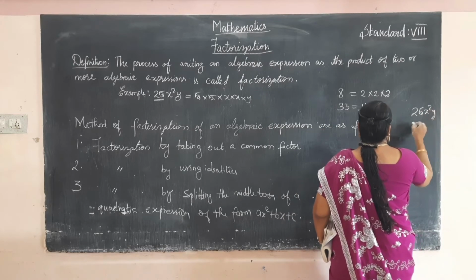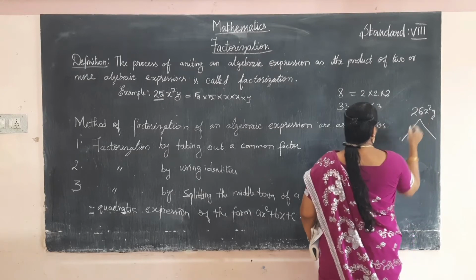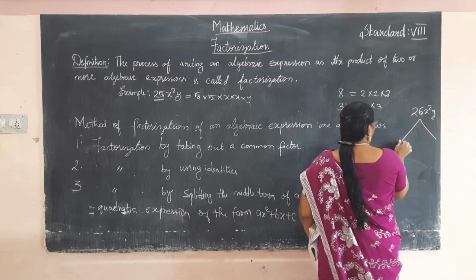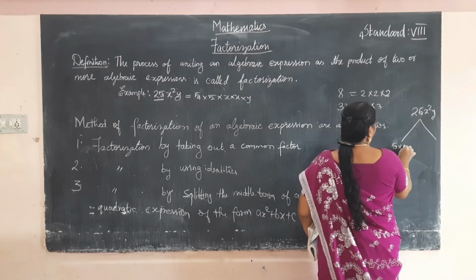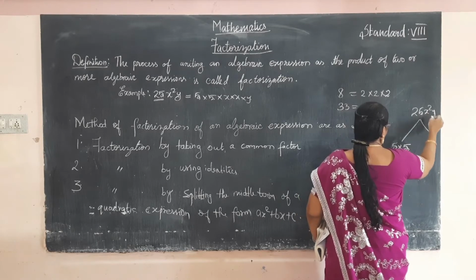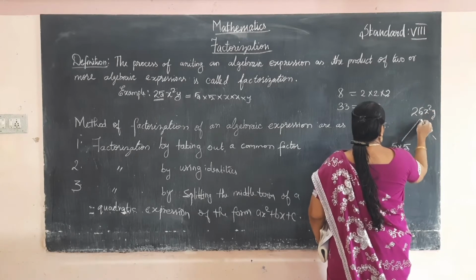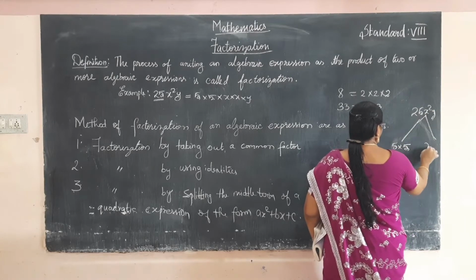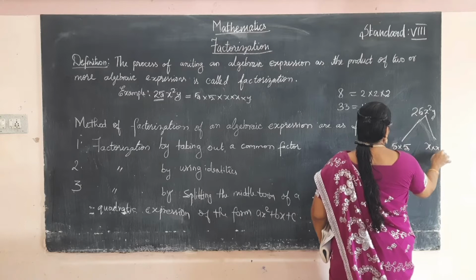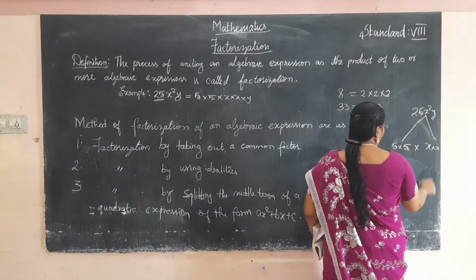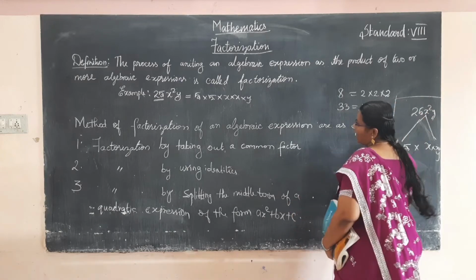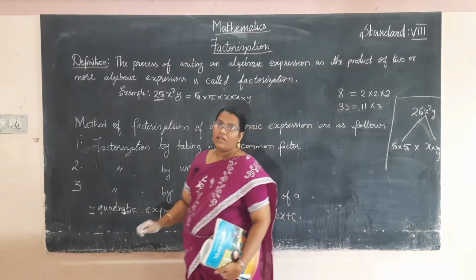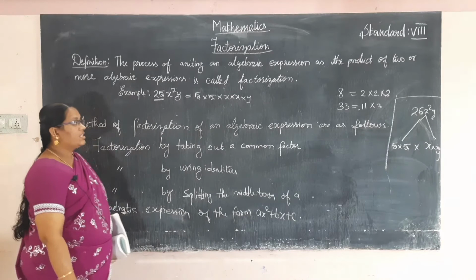First write the numerical coefficient. It can be written as 5 into 5, and then the x value. x squared is x into x, into y. The same method we apply in an algebraic expression.